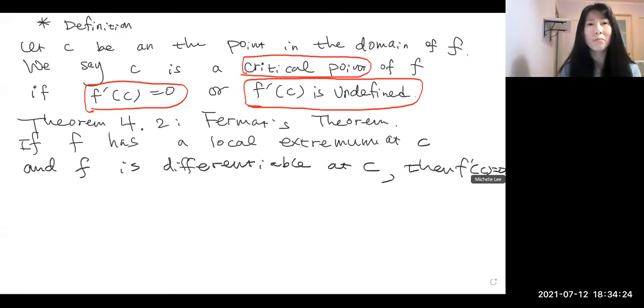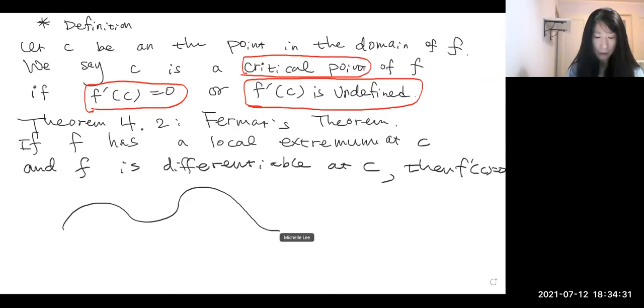All right. So we had local max, local max, local min, right? Then look, if f has a local extremum at c, this is c1, c2, c3.